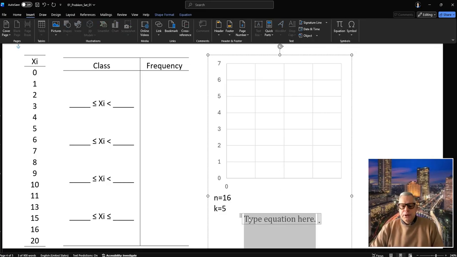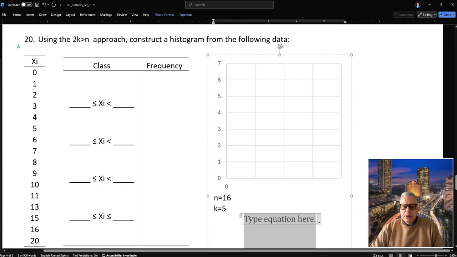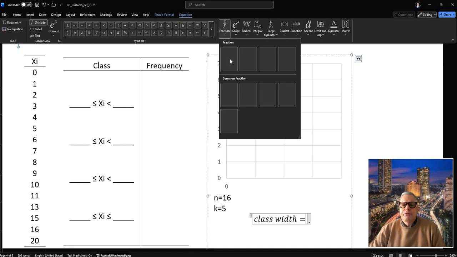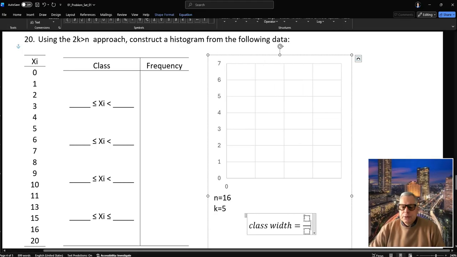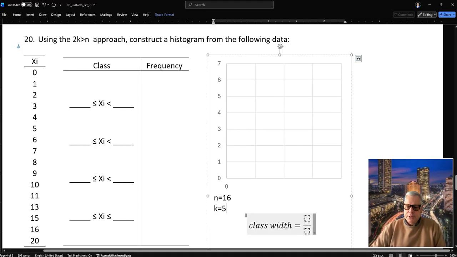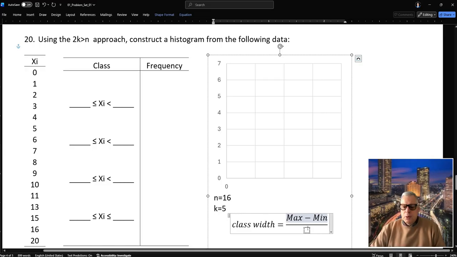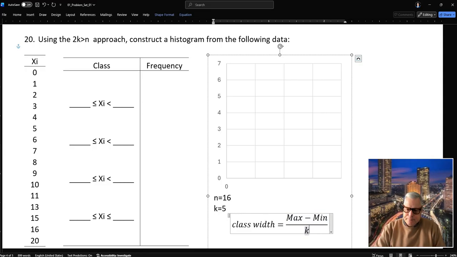The number of k, or the class width, is equal to max minus min over k.